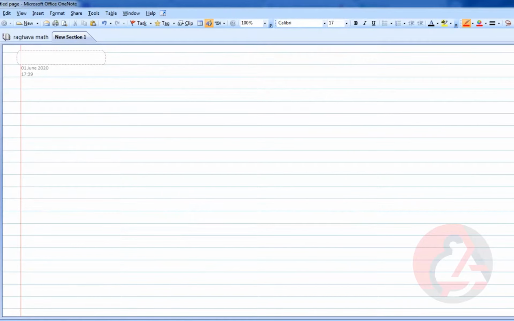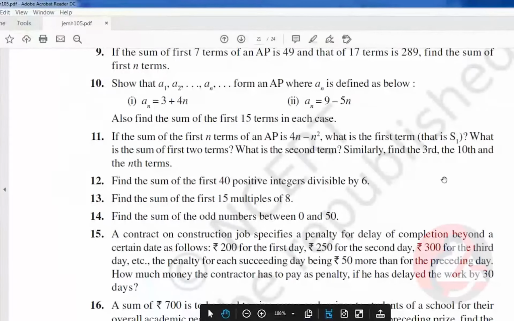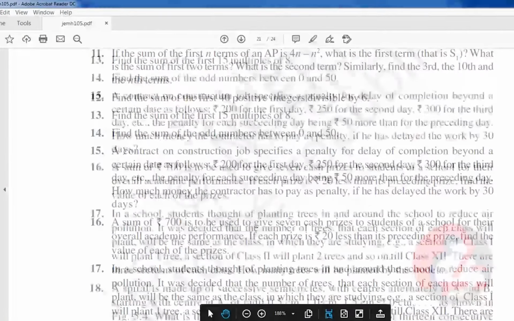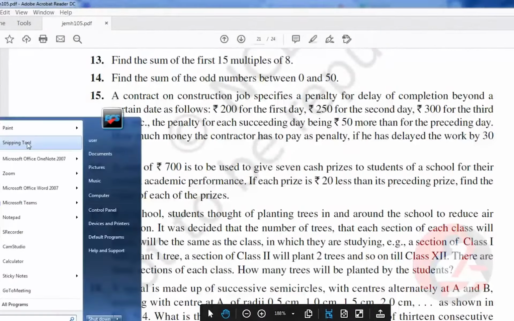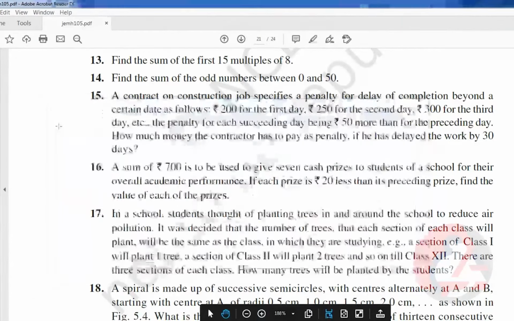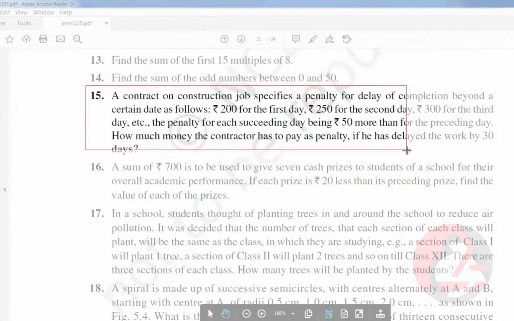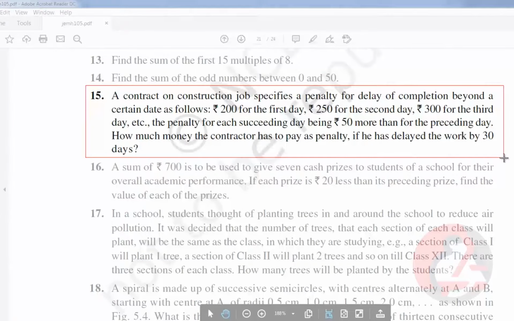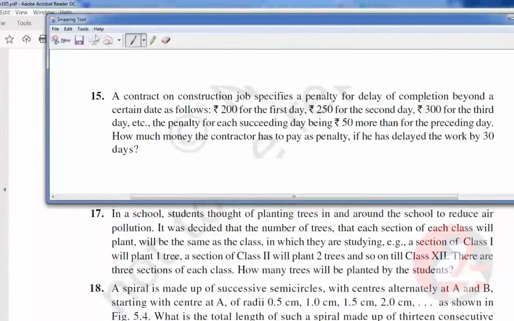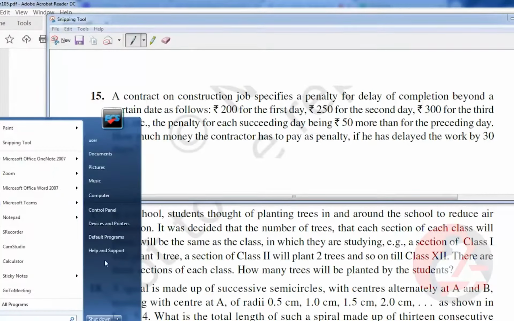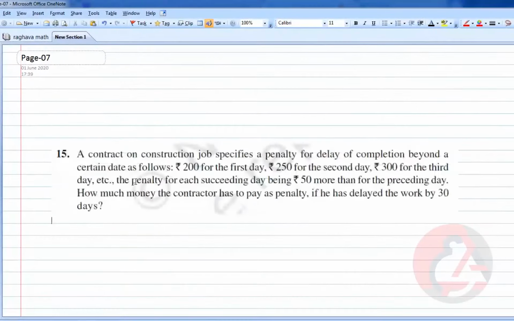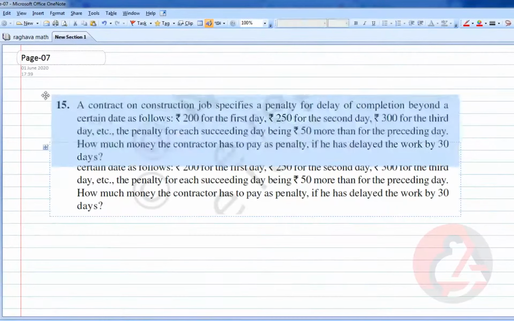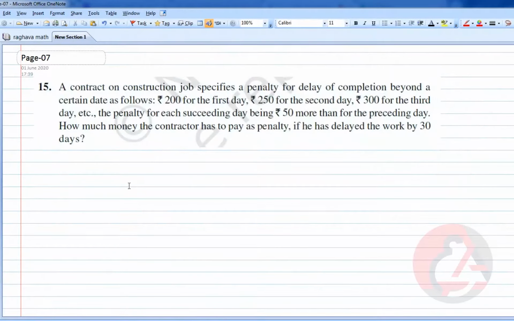I'm moving to the next question. Try to solve this question on your own.